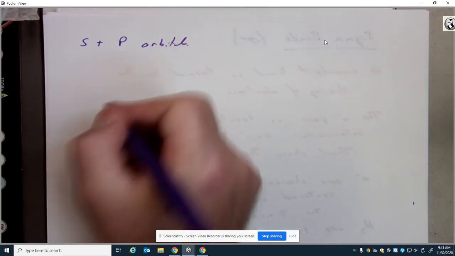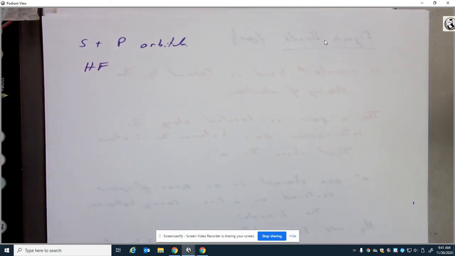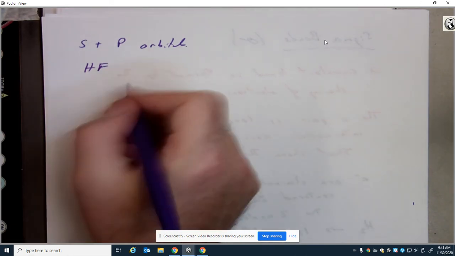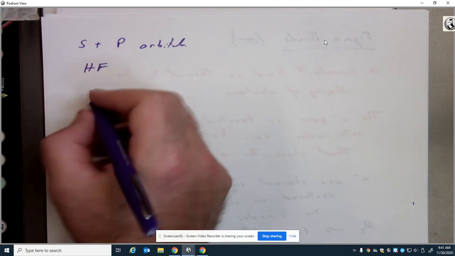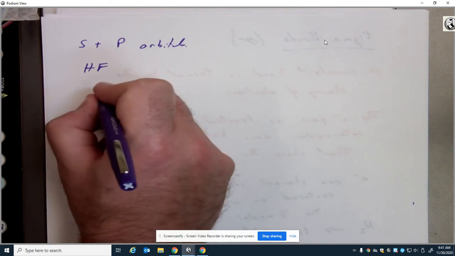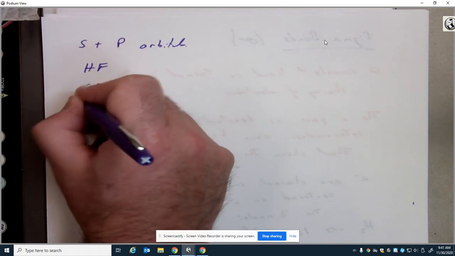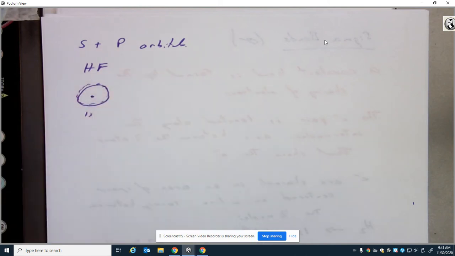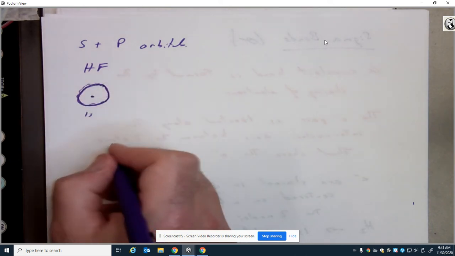So, for example, let's say we have, I don't know, HF. So, hydrogen's valence electron is in that 1s orbital. Okay, so there's the nucleus. All right, this would be my 1s orbital, and I'm just going to use a circle. We know that it's an area of space.